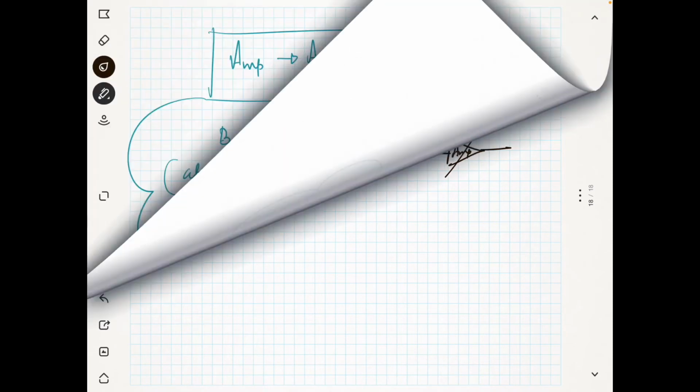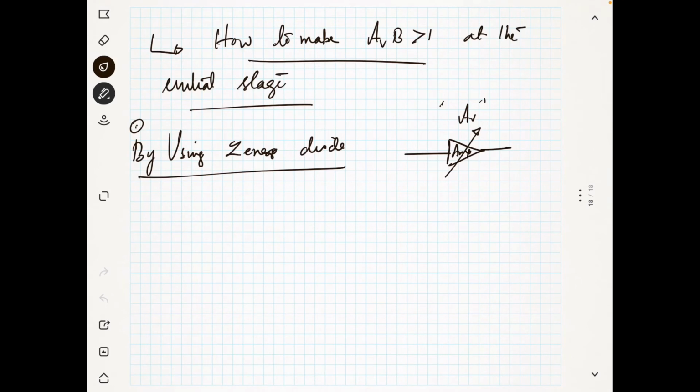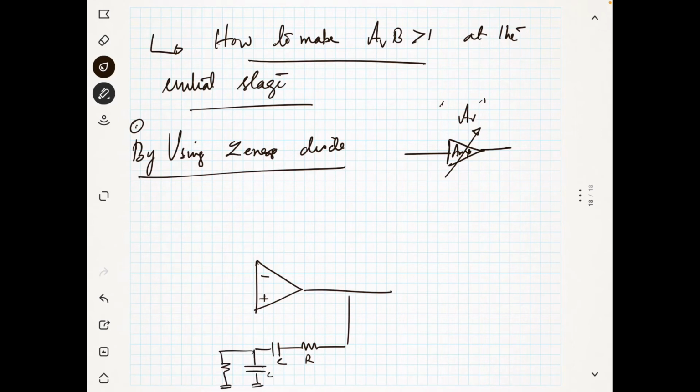Now I told you that the feedback network, I will just draw the figure, minus, plus. I told you one resistor and capacitor in series, then one capacitor and one resistor in parallel. This is very easy to remember. It is connected as a positive feedback.